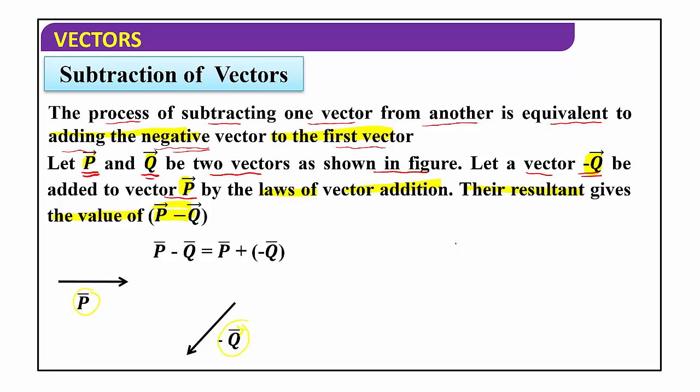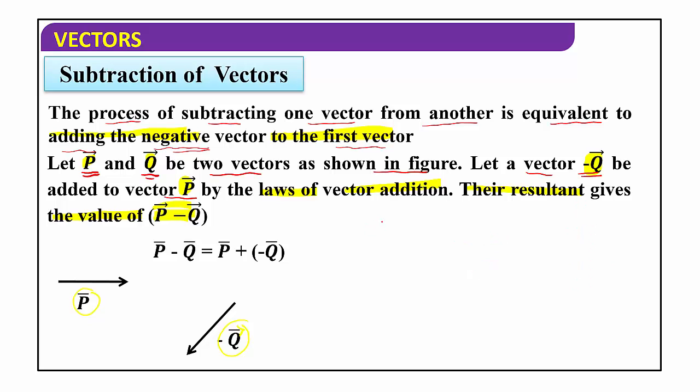For example, if the first vector is along the right direction, then the second vector should be in the opposite direction. So we can take it as minus q. If the first vector is in the upward direction, it will be vector P. Then the negative vector should be in the downward direction, and this is minus Q. Is it clear? Those two vectors should be in the opposite direction.